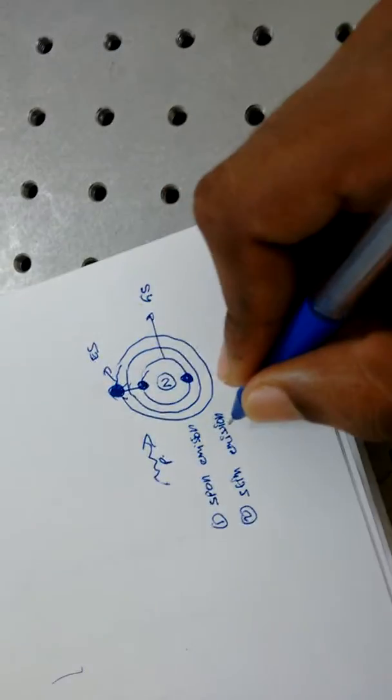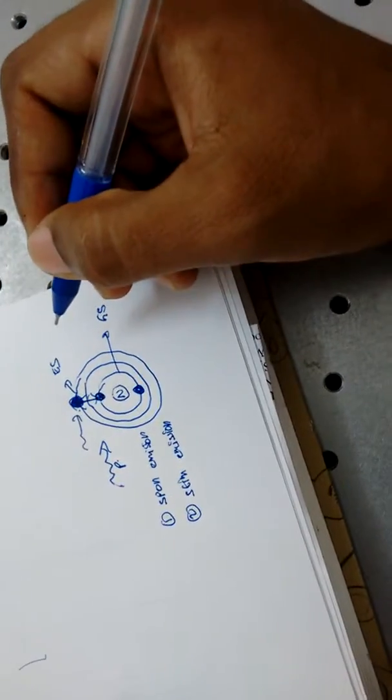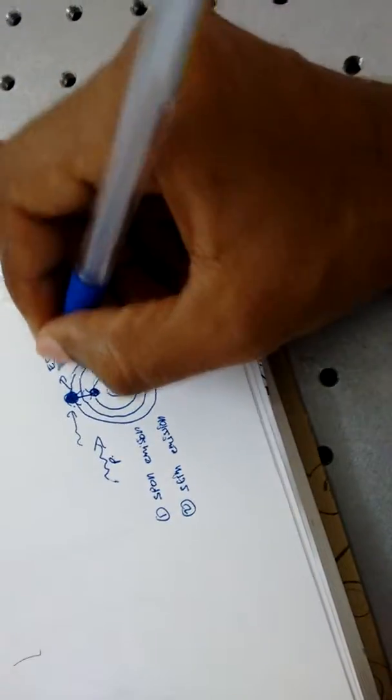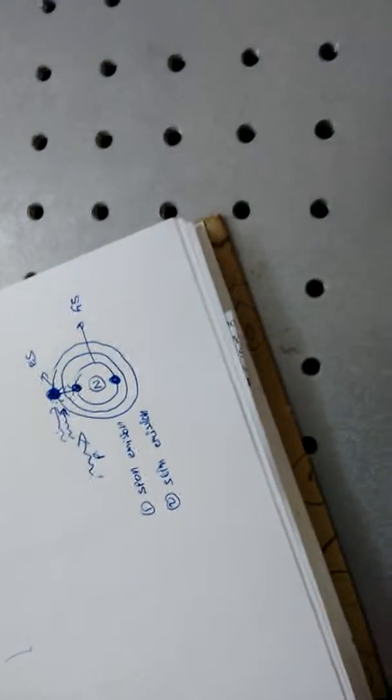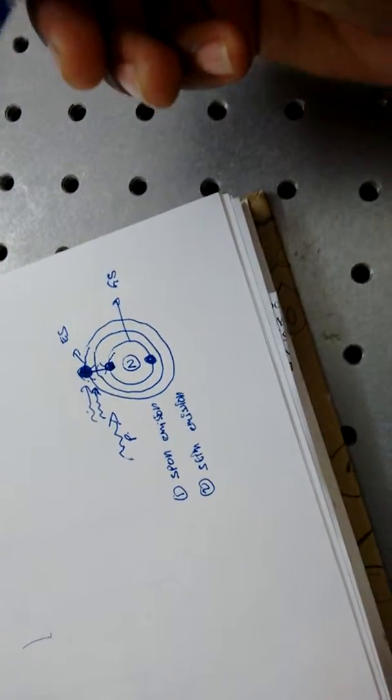In stimulated emission, when an external energy falls on the atom, the electron comes down to the ground state. So there is the incident photon, and after coming to the ground state we have another photon.